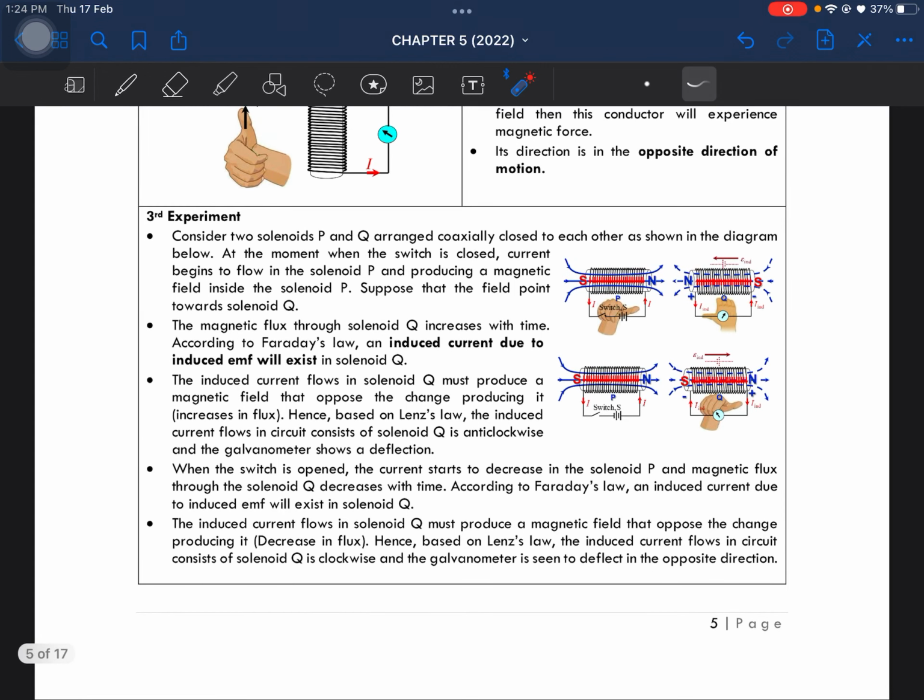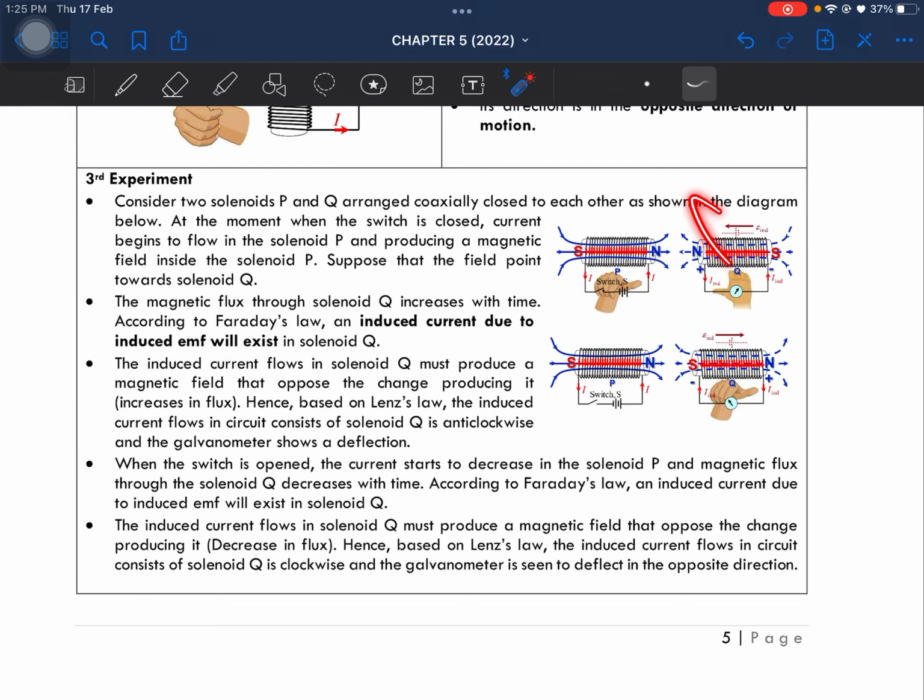According to Faraday's law, we know that an induced current due to induced EMF will exist in solenoid Q. The induced current flowing in solenoid Q will then produce a magnetic field that opposes the change producing it, which is an increase in flux. So the induced current flowing in the circuit consisting of solenoid Q here will be anti-clockwise, and the galvanometer will show a deflection.